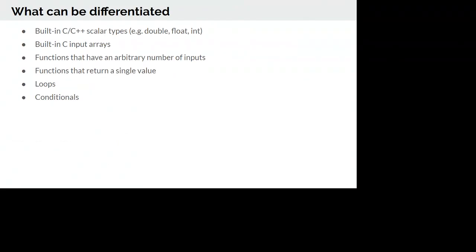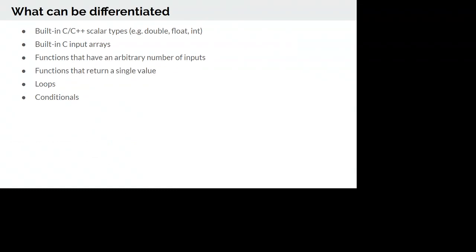It can also differentiate functions that have an arbitrary number of inputs, but it can only differentiate functions that return a single value. So something it can't differentiate would be a function that, for example, returns void, but changes values in a certain output array. It currently can't do that, but we're working on it.